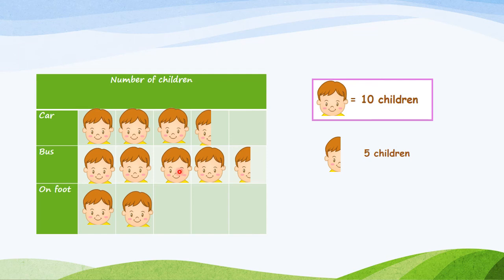Yes, it's 10, 20, 5, because this is 10 and this is 10 and this is 5. So there are 25 children more go by bus than on foot.